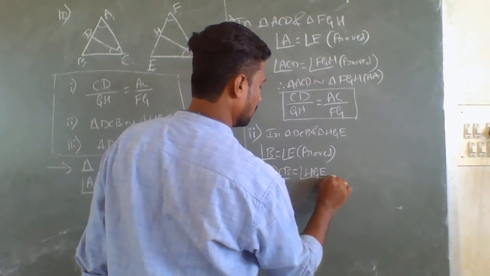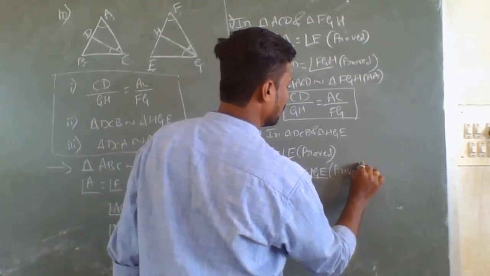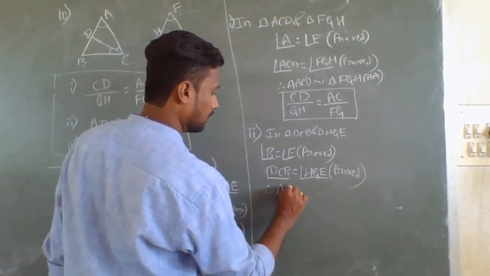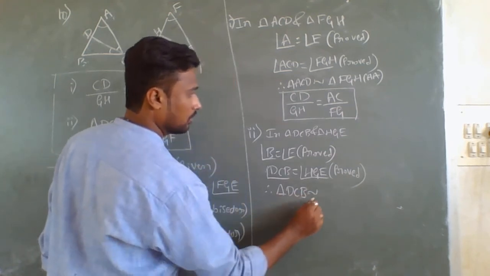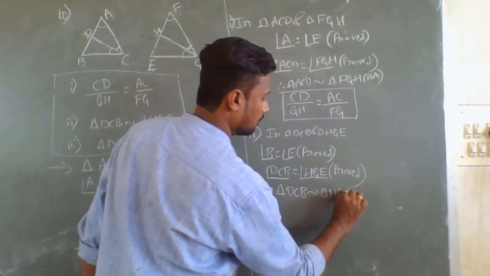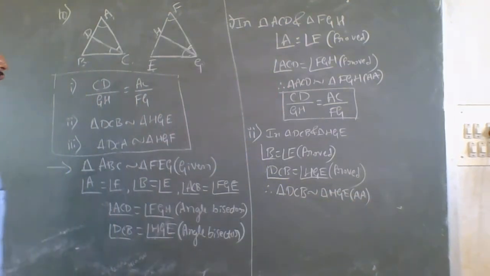This is also proved. Therefore, we can write that triangle DCB is similar to triangle HGE by AA. These two triangles are similar.